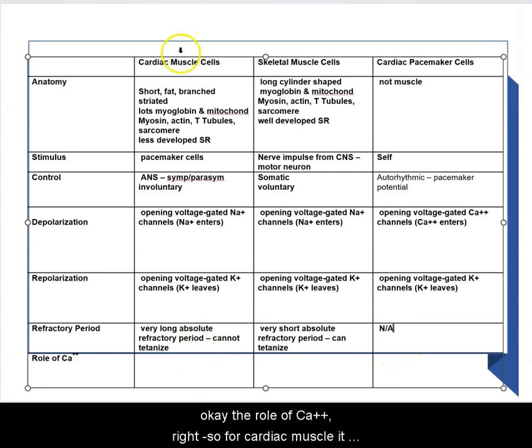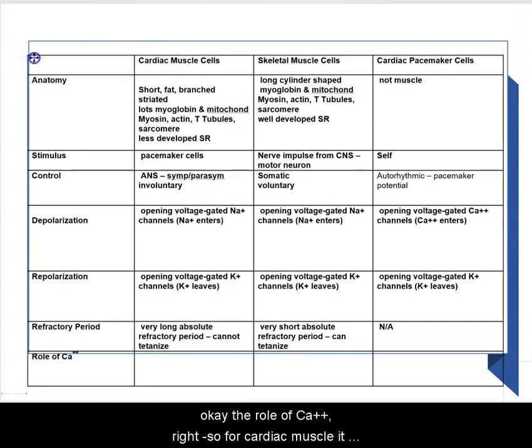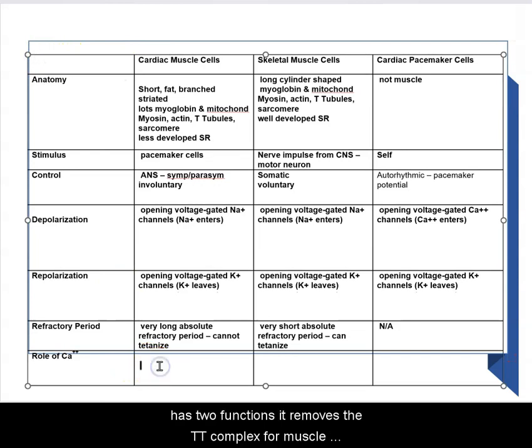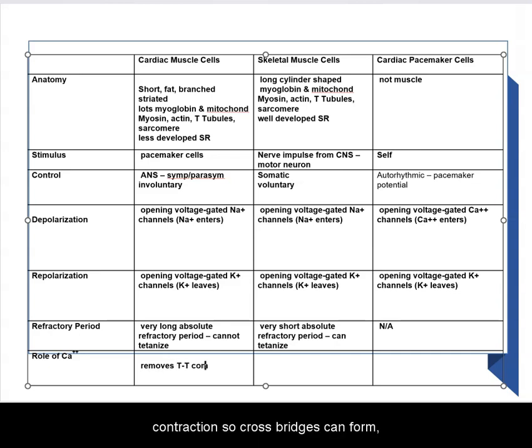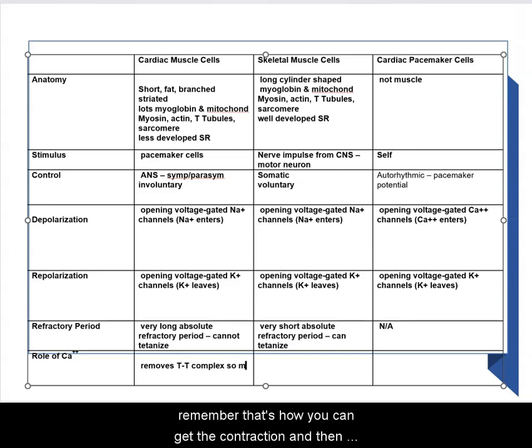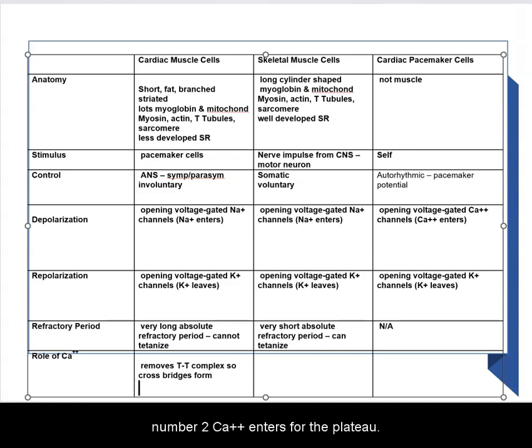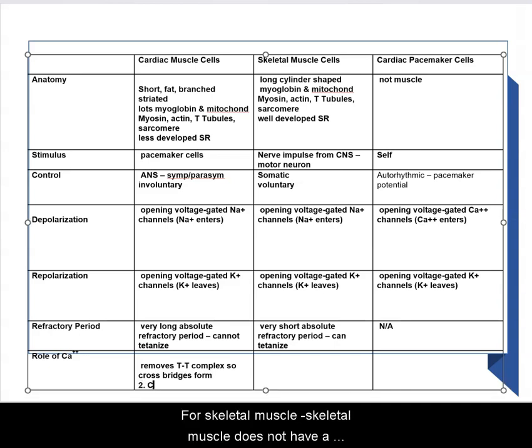Okay, the role of calcium. Role of calcium, right? So for cardiac muscle, it has two functions. It removes the TT complex, right, for muscle contraction. So we'll say so cross bridges can form. Remember, that's how you can get the contraction. And then number two, calcium enters for the plateau.